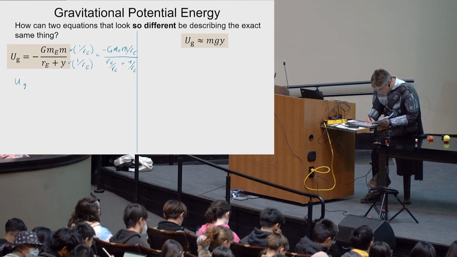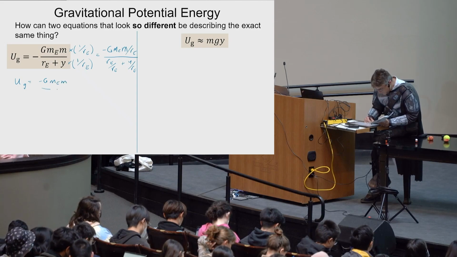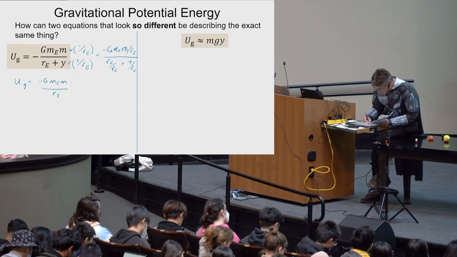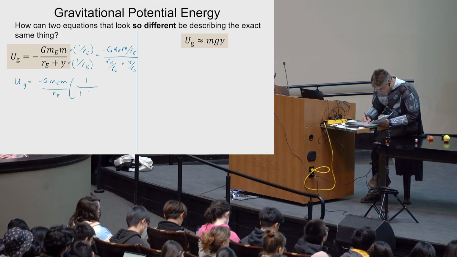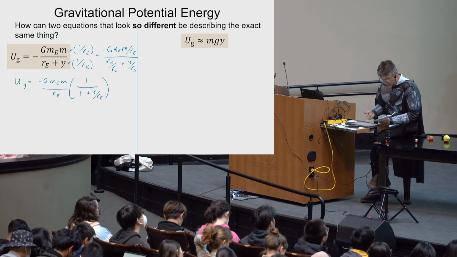So this exact equation gives negative G M_E times M divided by R_E times 1 over 1 plus Y over R_E.